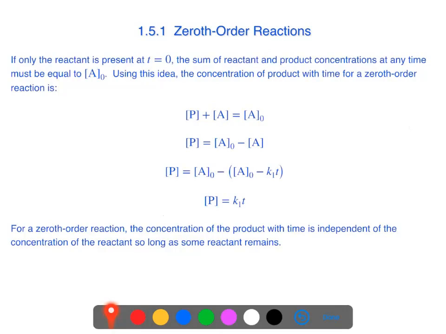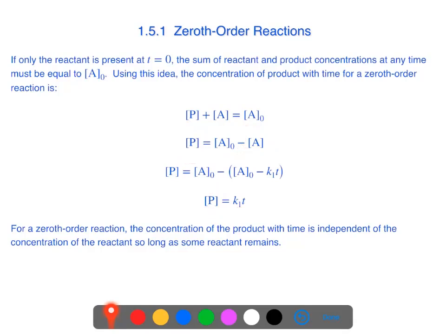It's similar to a mass balance expression, where the initial concentration of A will be equal at any point in time to the sum of the concentration of the reactant A and the concentration of the product P. If we rearrange this expression, we can show that the product concentration is equal to A naught minus A, and then we can substitute for the concentration of A from our integrated rate law. What this provides us with is an equality that represents the product concentration in terms of the rate constant and the time at which the measurement is made.